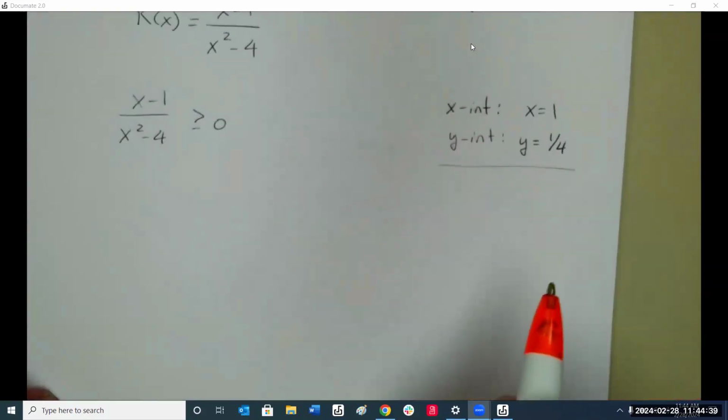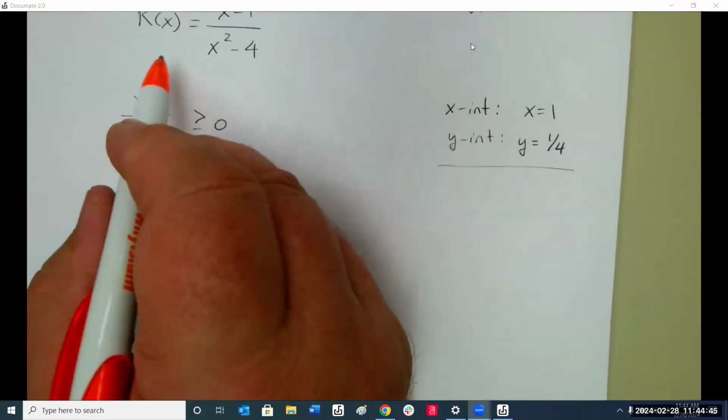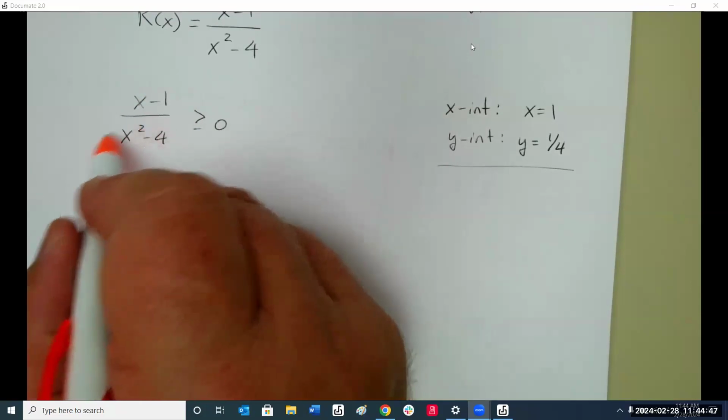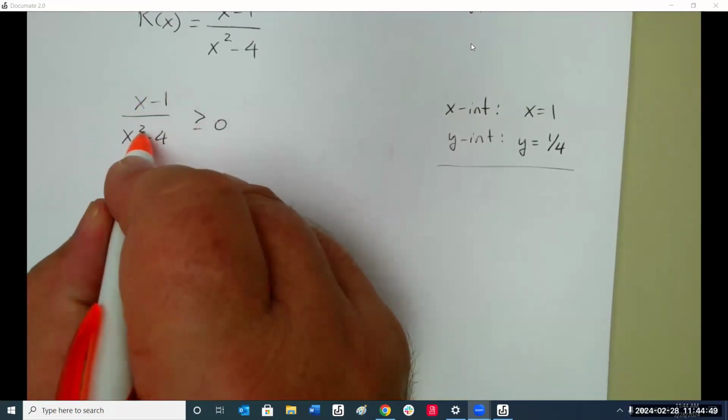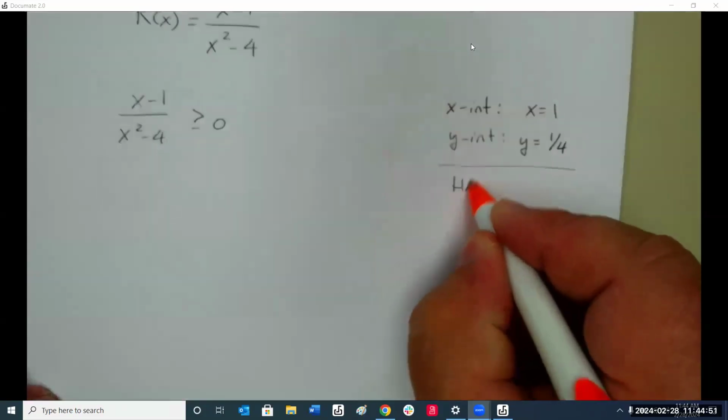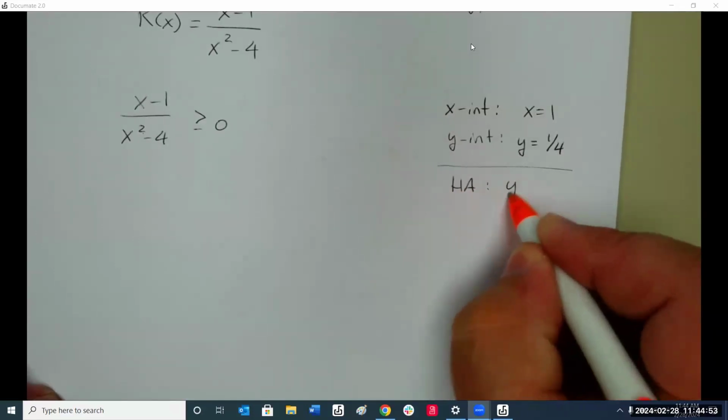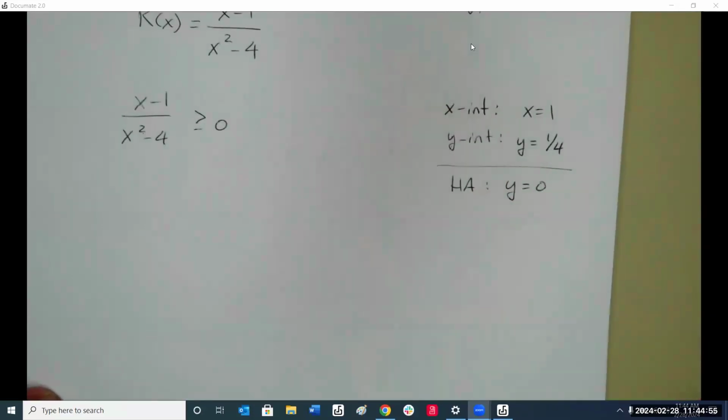Do we have a horizontal or oblique asymptote? Horizontal, because the oblique asymptote is if the top is bigger than the bottom by 1, and it's not. So there's more on the bottom, and the horizontal asymptote is at y equals 0.